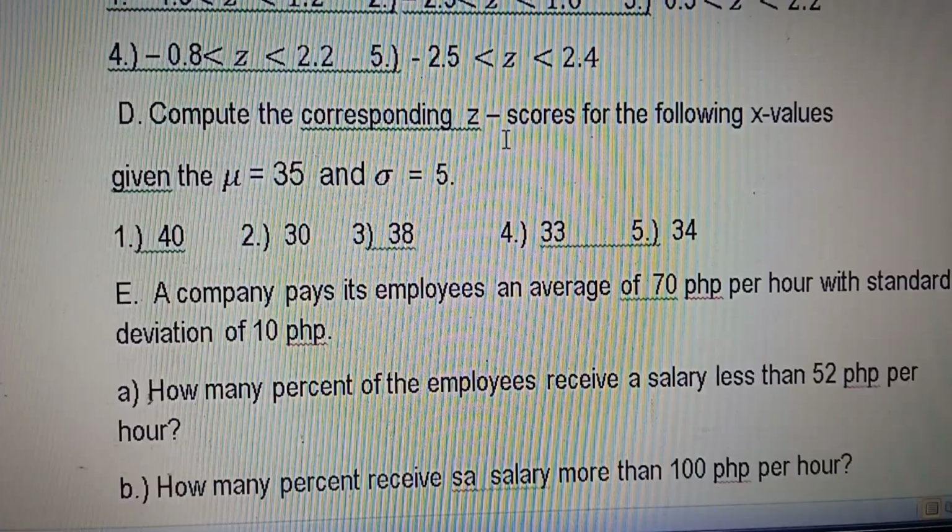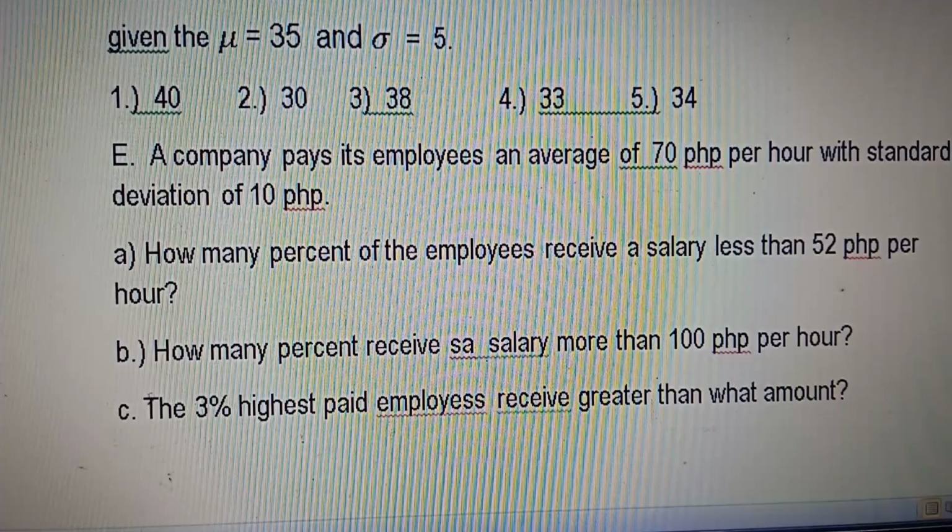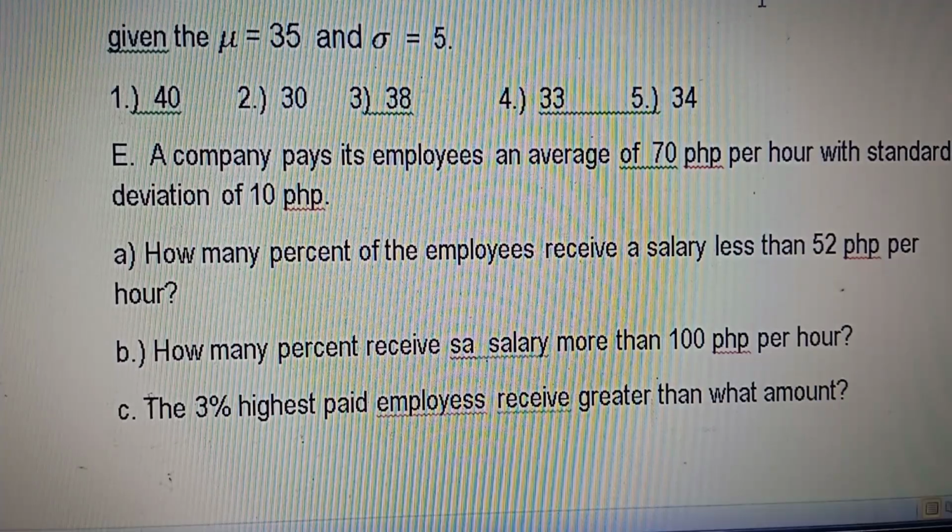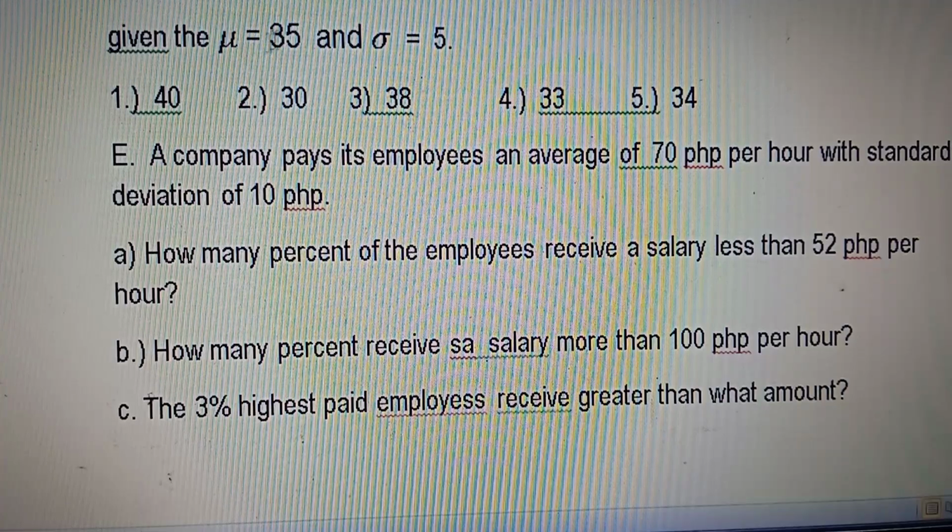And after that, compute the corresponding Z-scores of the following X values given mu equals 35 and sigma is 5. So number 1 is 40, number 2 is 30, number 3 is 38, number 4 is 33, number 5 is 34.